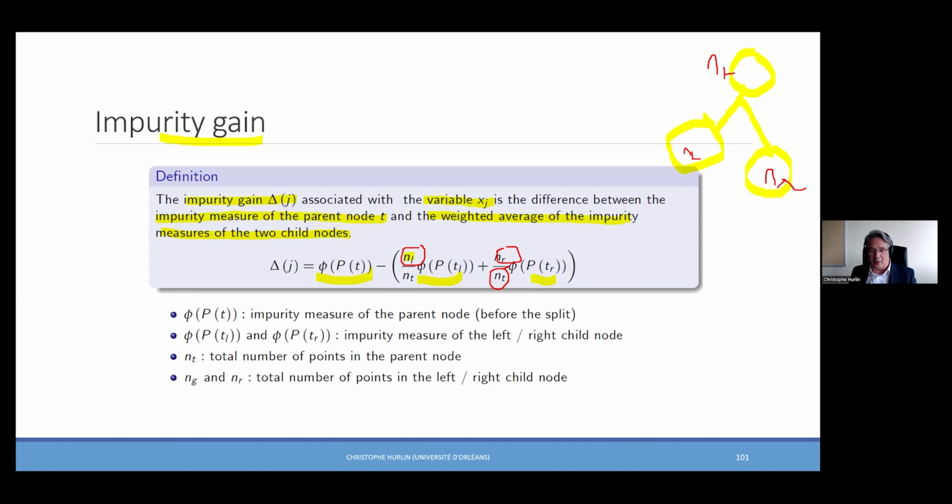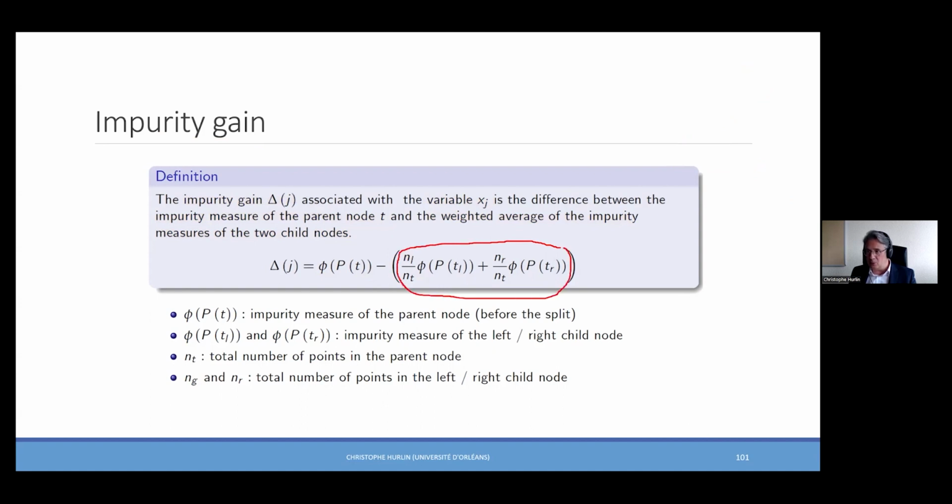So what we have here is simply the weighted average of the impurity measure of the child nodes. And the impurity gain is the difference between the impurity of the parent node minus the weighted average of the impurity measure of the child nodes. Is it clear?